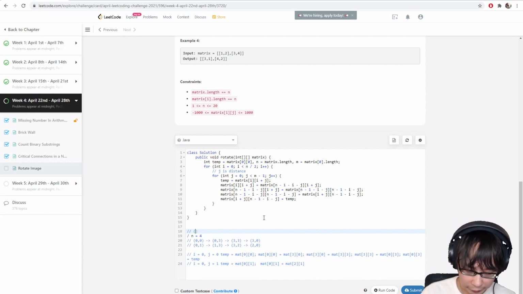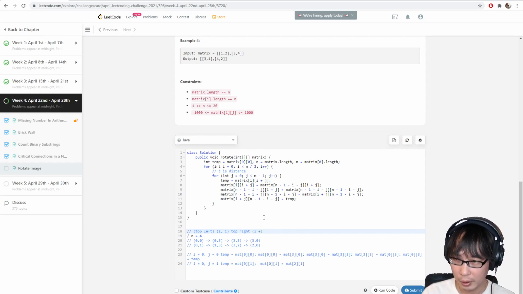The top left is always I, and the top right is always I plus the length.